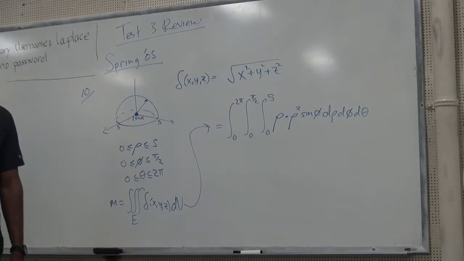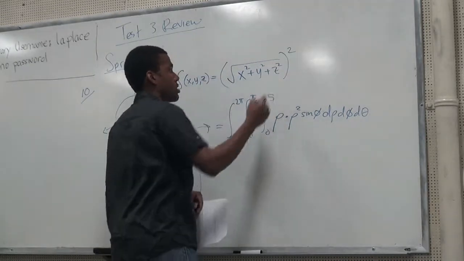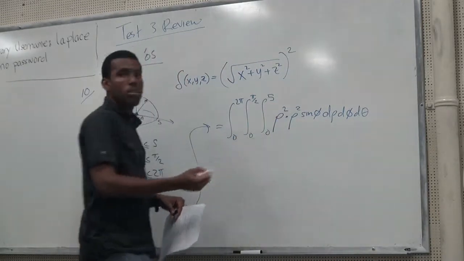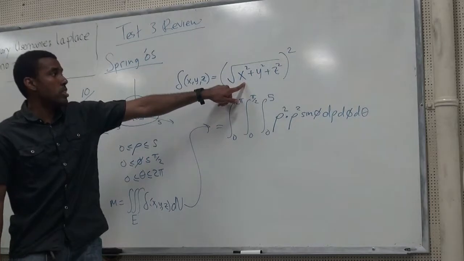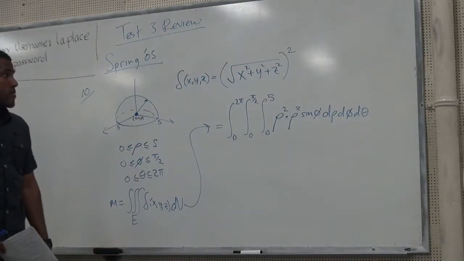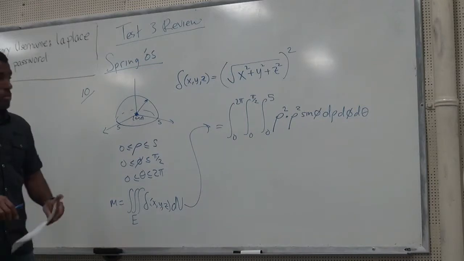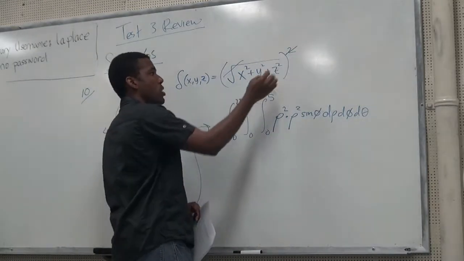The question says that the density equals the square of the distance from the center. Oh, so then it's just this, and so this is just that. That's the density squared. Yes, this is the distance from the center, and it's the square root of the distance. No, because the square root cancels the square, so I just have this.